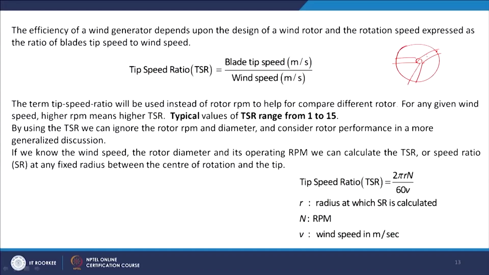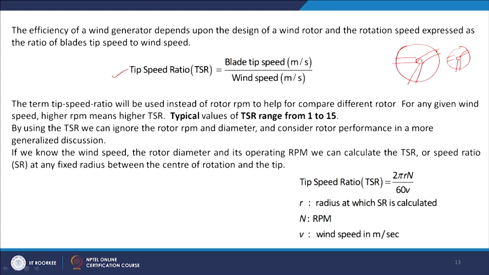movement, the RPM, will vary if we have two different machines with different diameters of the rotor. To compare these variations in the RPM, instead of using RPM, another term can be used, that is tip speed ratio.